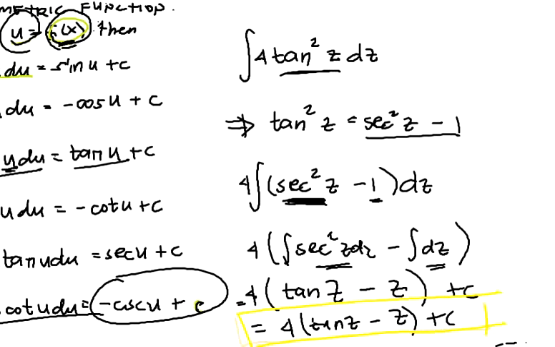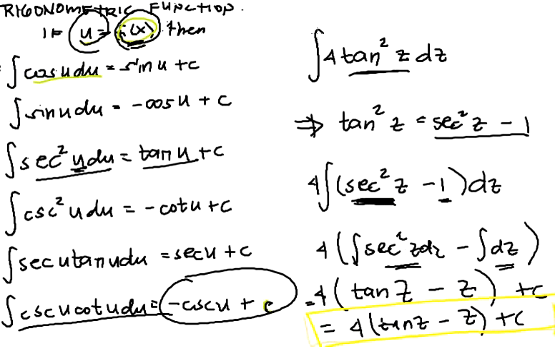Okay, so once again, let us review. We have 4 tangent square z dz, so we need to evaluate this integrand. We say that we don't have a direct integration formula regarding this tangent square here.